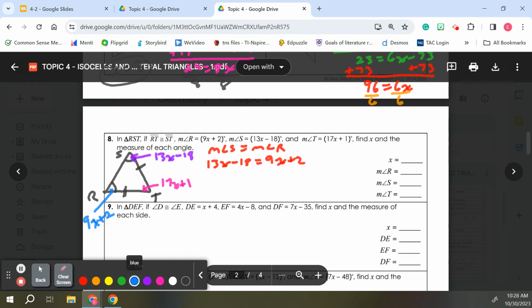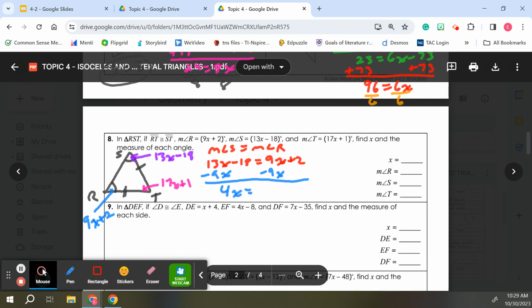I am going to subtract 9x from each side. Which leaves me with 4x minus 18 equals 2.